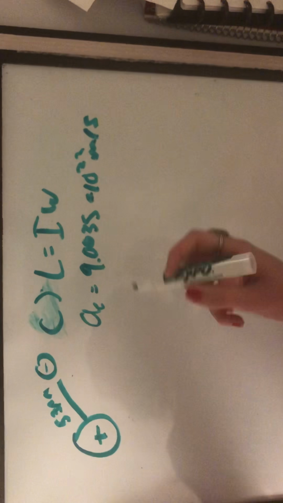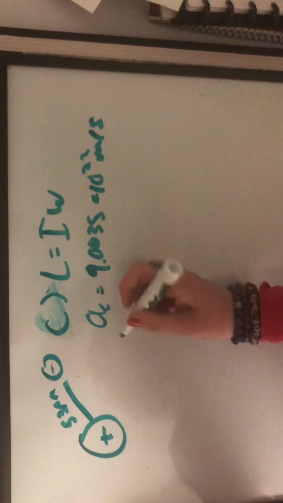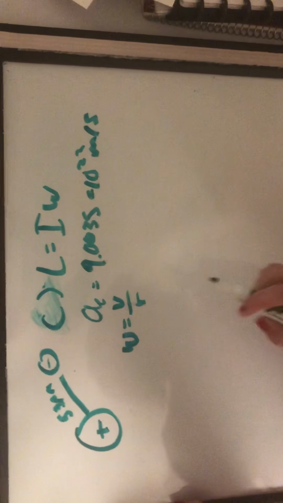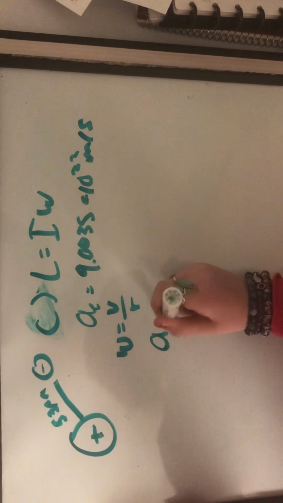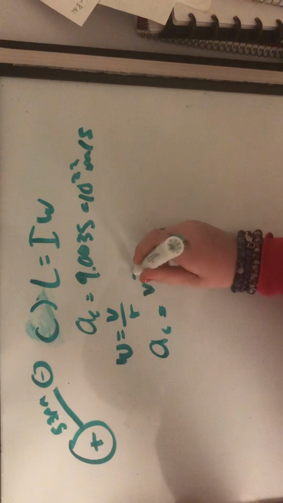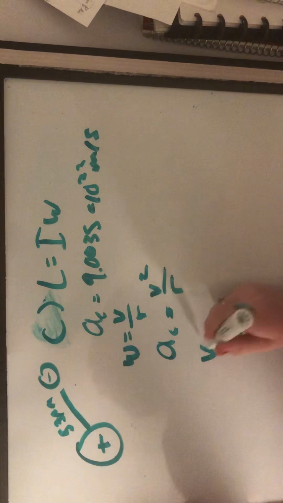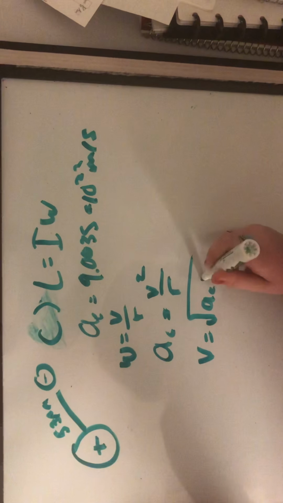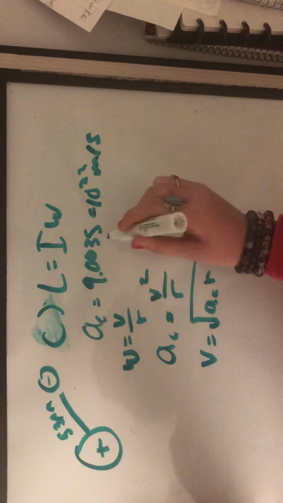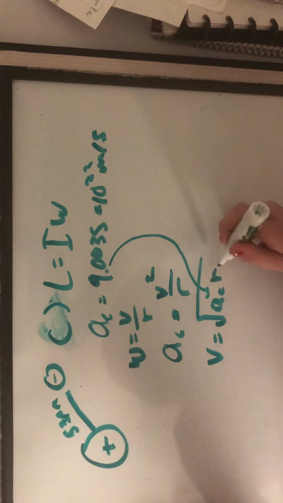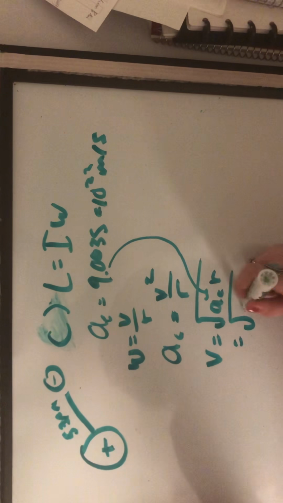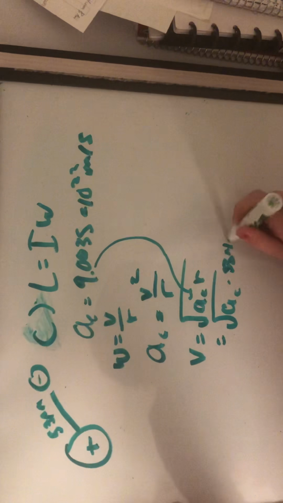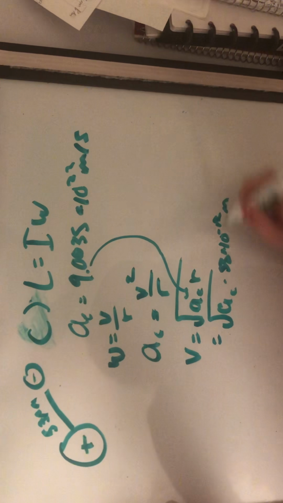And then we're going to find I omega, and by finding omega, we know that omega is equal to V over R. But we also know that centripetal acceleration is equal to V squared over R. So V is equal to the square root of AC times R. So we're going to plug this number in and multiply it by the 53 picometers, so 53 times 10 to the negative 12 meters.